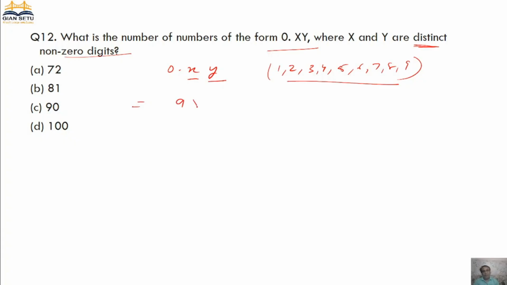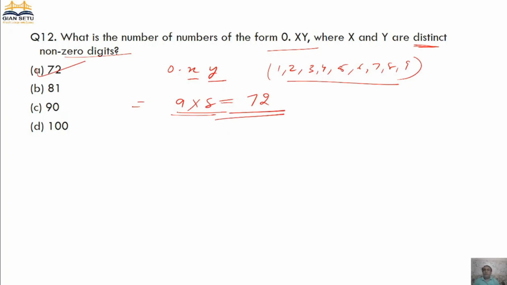We have 9 choices for this first position, and then we will be left with 8 digits for the other position. So overall the total number of possible numbers will be 72. So here the right answer is A, right?